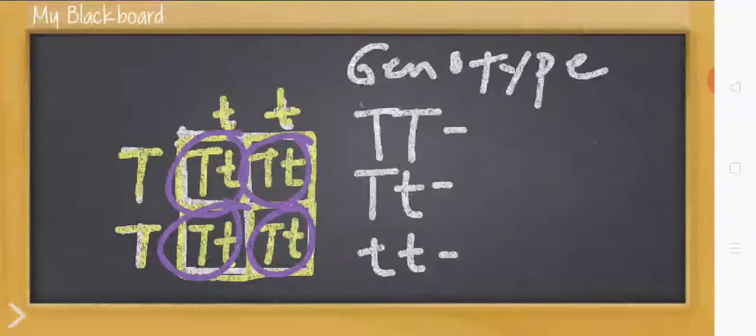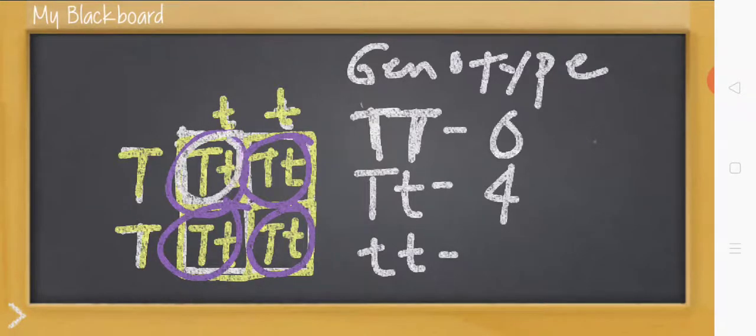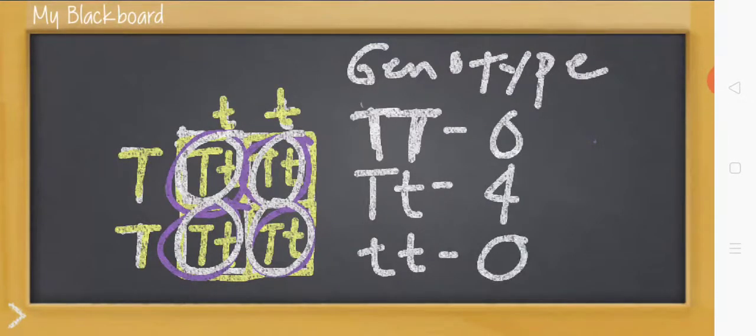Or simply short kasi wala namang heterozygous na short. Okay? So, meron po ba tayong homozygous tall? Meron po bang homozygous tall dyan sa ating offspring? So, wala, no? 0. And then, heterozygous tall, we have 4, no? So, 1, 2, 3, 4. And then, homozygous short is equal to 0.